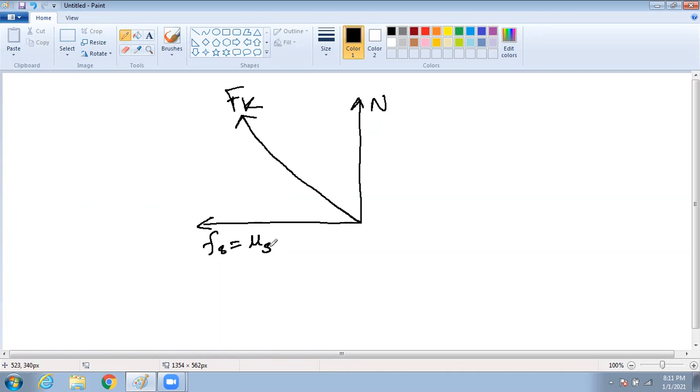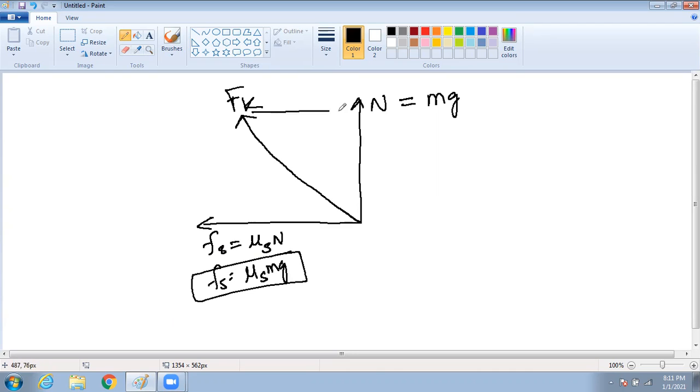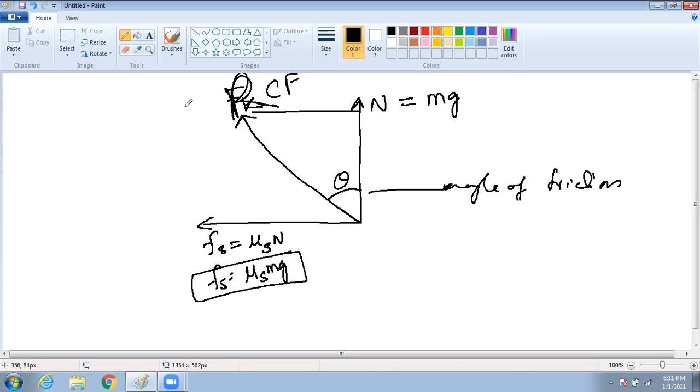Fs is mu s into N, and the normal force is how much? mg. Correct or not? So can I write Fs as mu s mg? And theta is the angle of friction. This is called the resultant contact force. Clear?